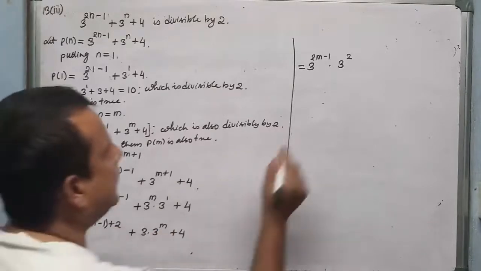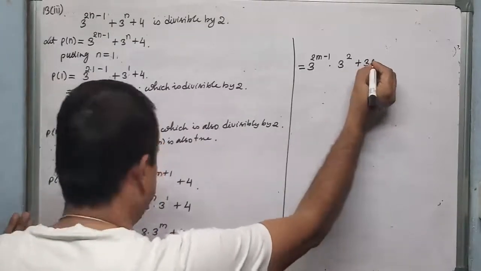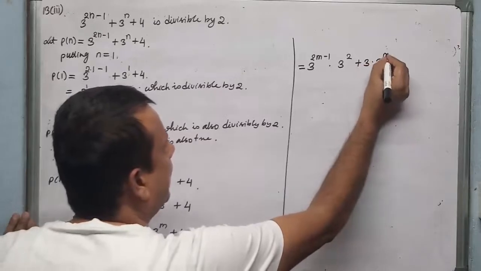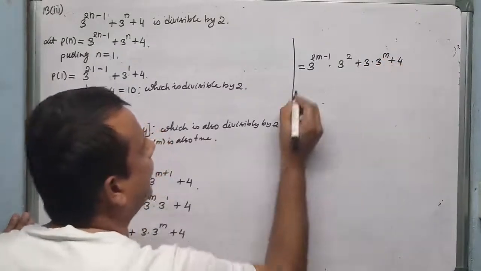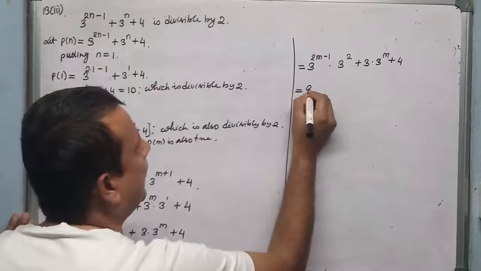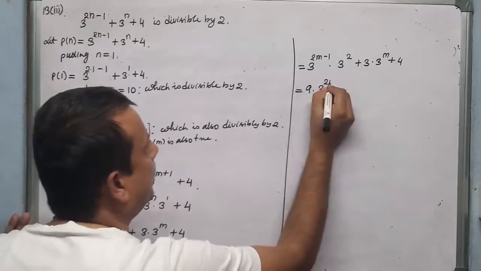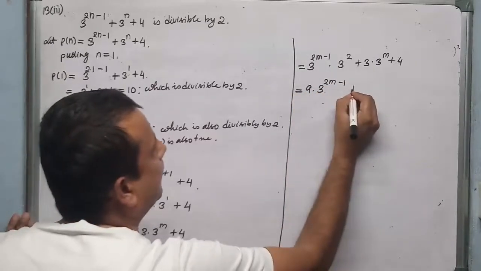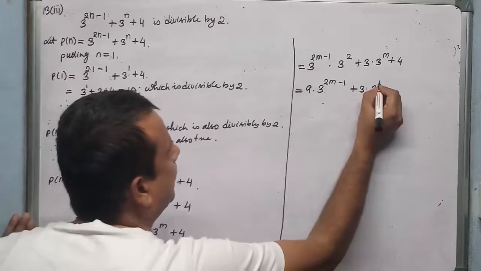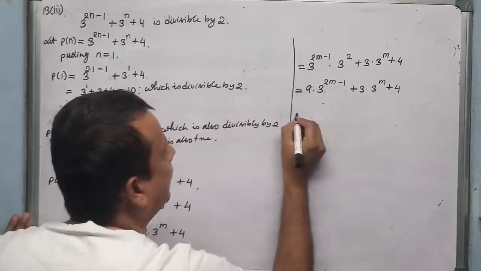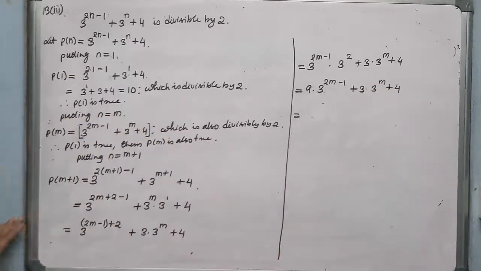Then over here it is plus 3 into 3 to the power m plus 4. 3 squared is 9 into 3 to the power 2m minus 1, plus 3 into 3 to the power m plus 4.